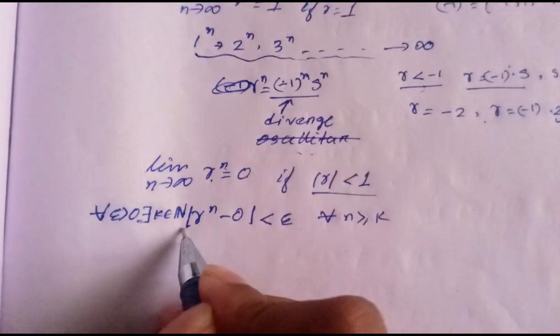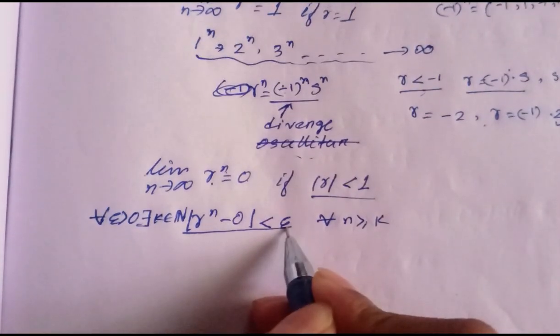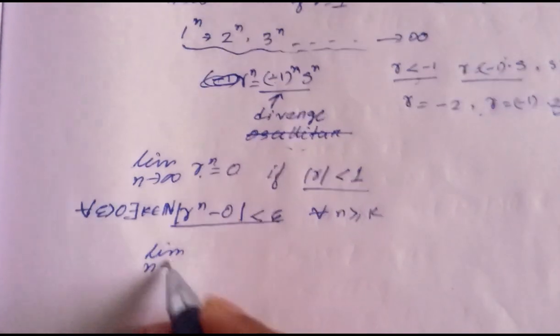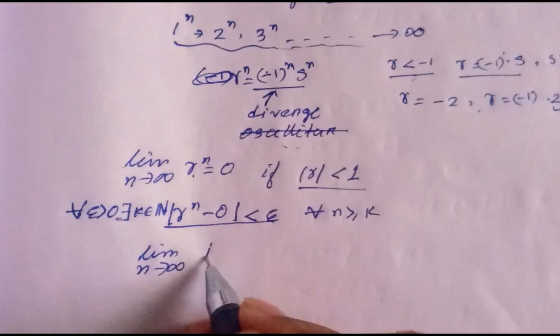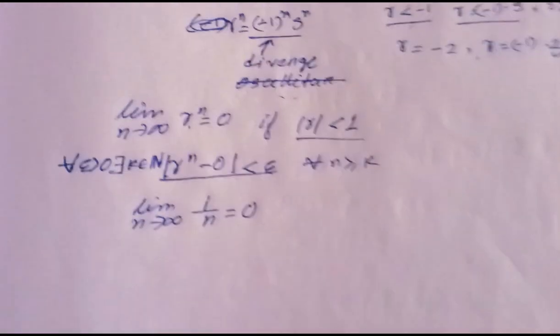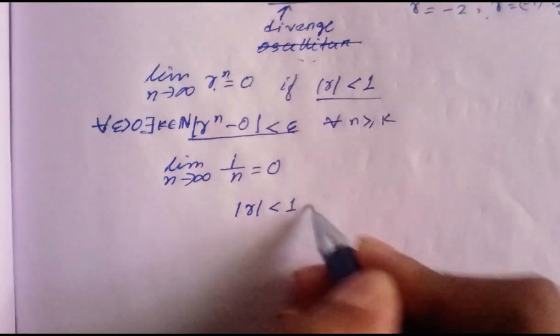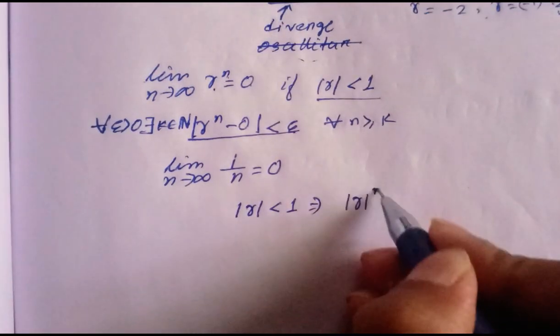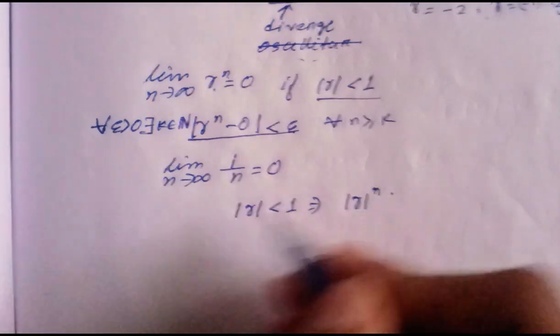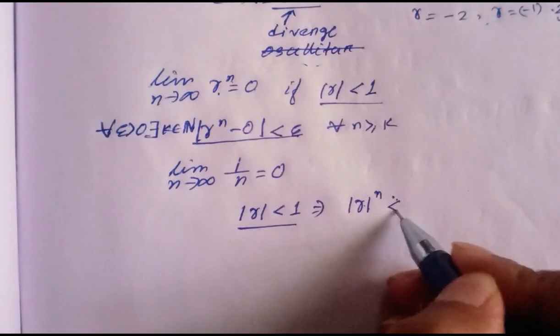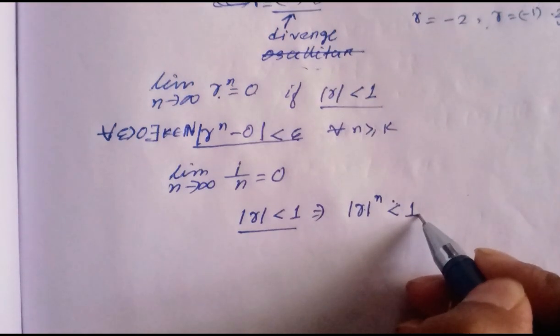We already know that the limit as n tends to infinity of 1 by n equals 0. Since mod of r is less than 1, mod of r to the power n is less than 1, right?